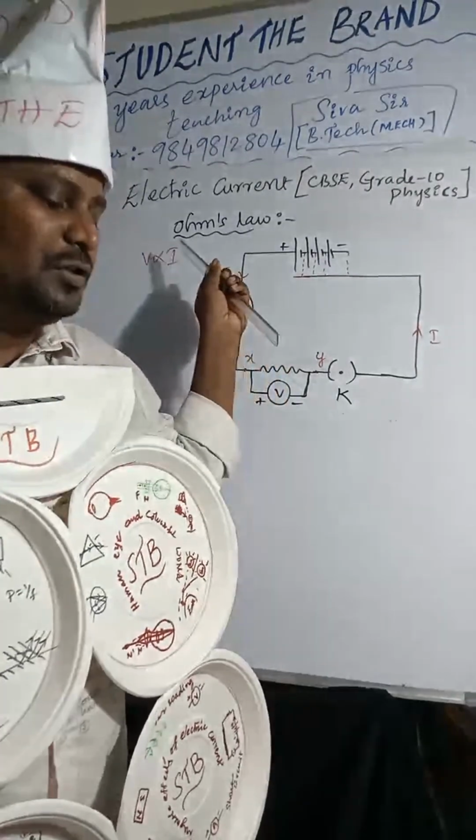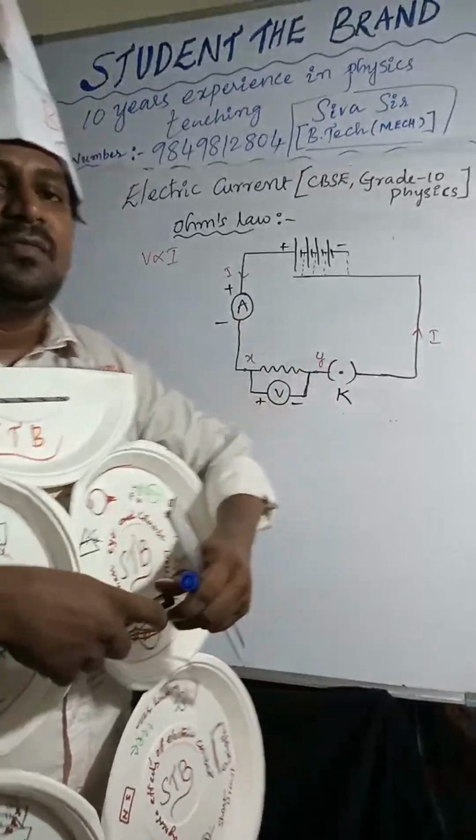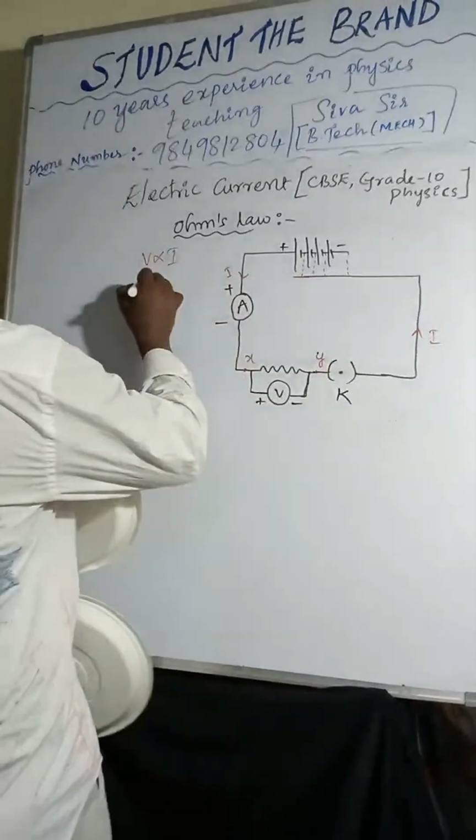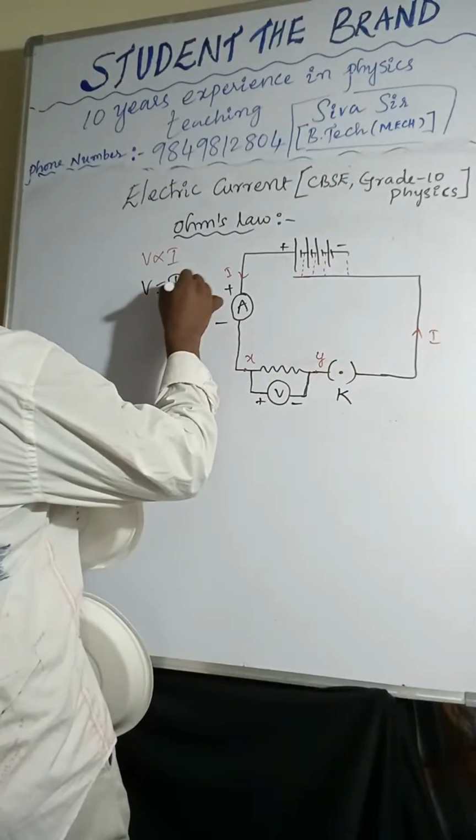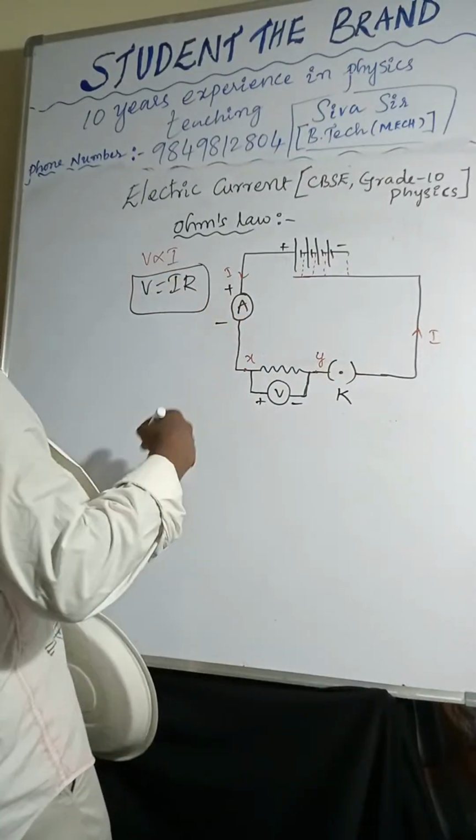V is directly proportional to I. V equal to IR. So Ohm's law gives the definition of resistance.